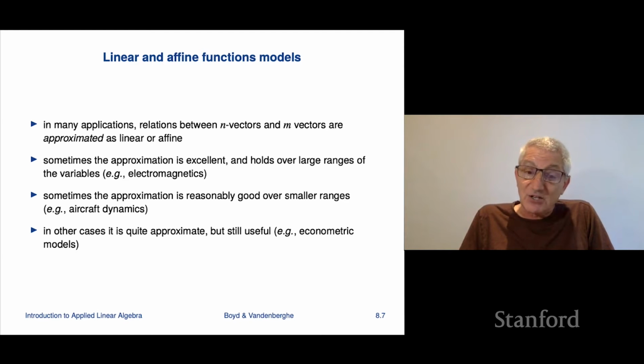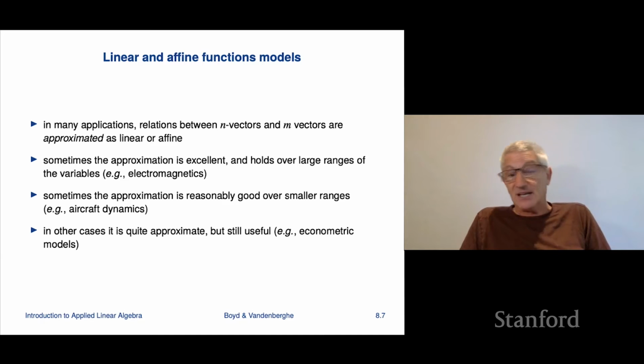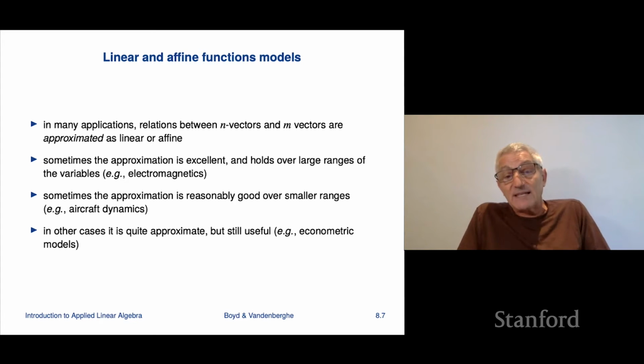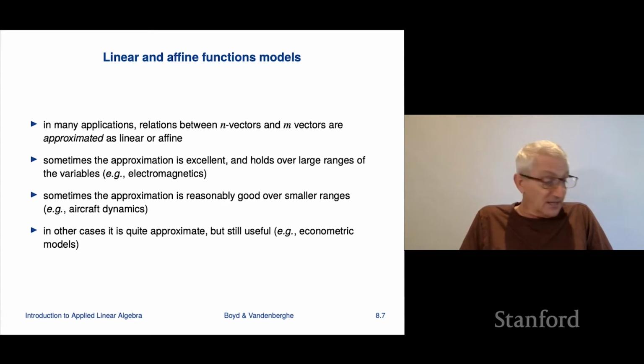Certainly for most of the ranges that you would be comfortable flying in an airplane in. But it doesn't hold when the airplane is falling out of the sky or upside down or something like that. Okay. Now in other cases, still the approximation is quite approximate, like it's plus minus 50% or worse.